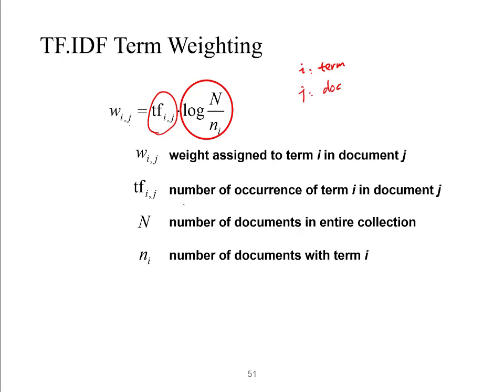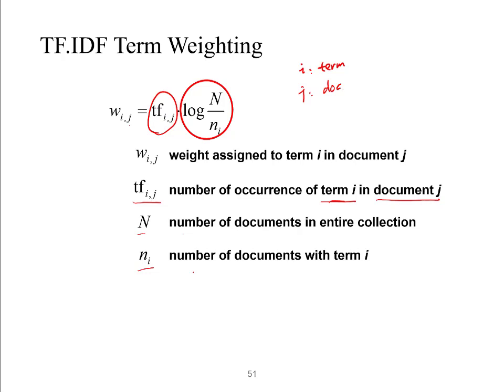Term frequency is the number of occurrences of term i in document j, so it is how many times you see term i in document j. This is TF. And N is the number of documents in the entire collection, and n_i is the number of documents with term i.